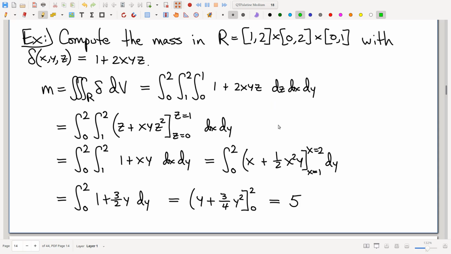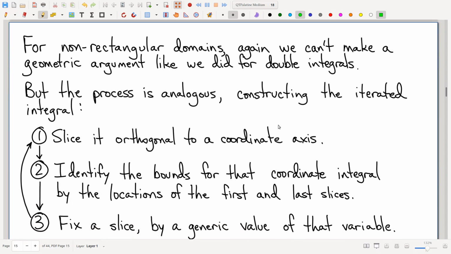Okay, so what do you do with non-rectangular domains? This is another one of these things where I can't really give you the same argument that we did for double integrals. This is a healthy exercise to look back in the notes: how did I argue for double integrals that for non-rectangular domains, the only thing that matters is the inside bounds?